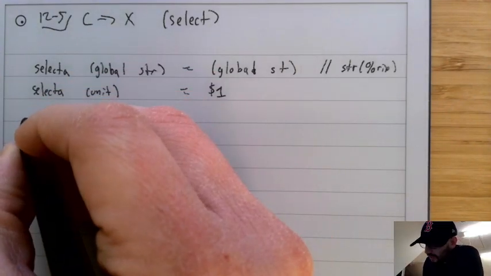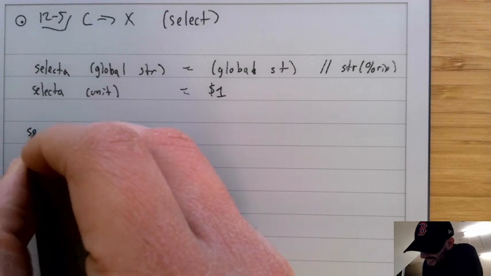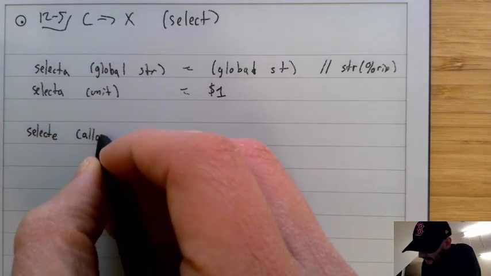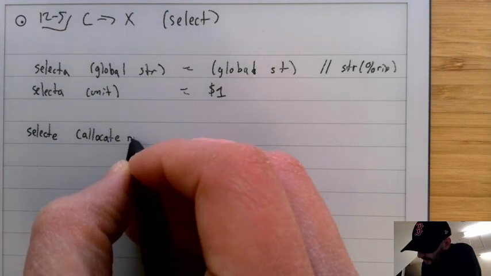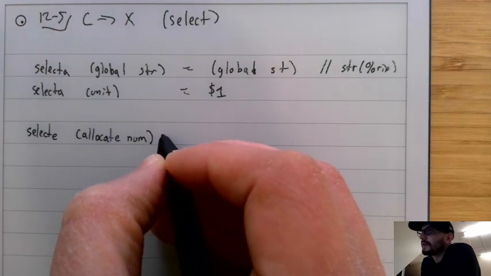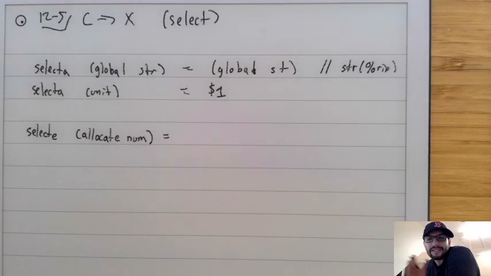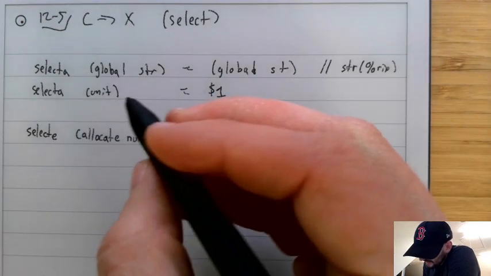All right, next, what if we're going to do a select E on allocate of a number? Okay, here's what we're going to do. What we're going to do is basically we're going to call a function. Oh, sorry, allocate takes the number and a type.